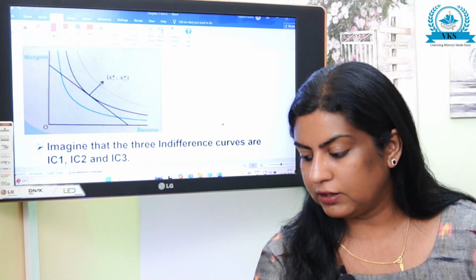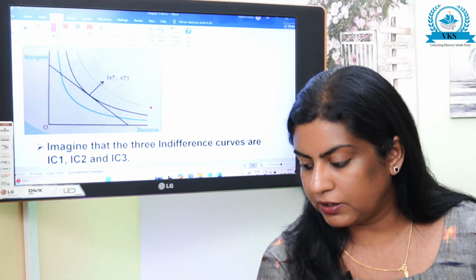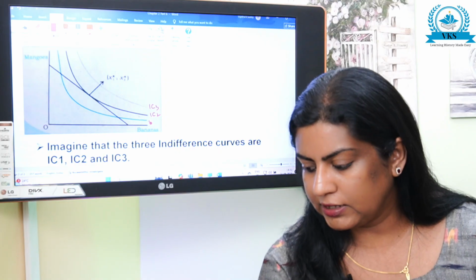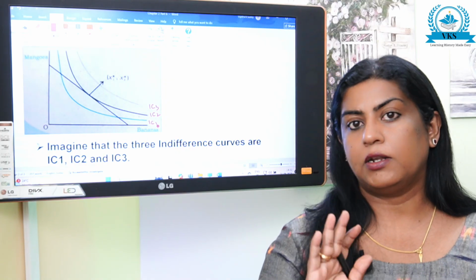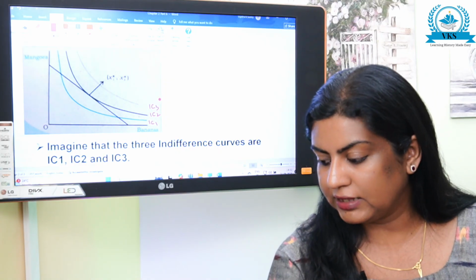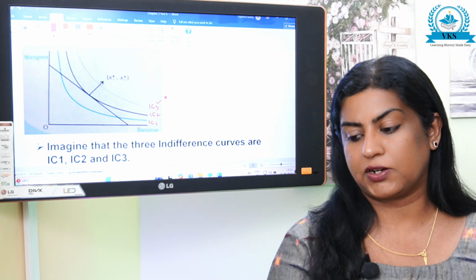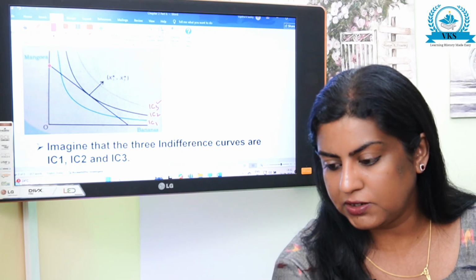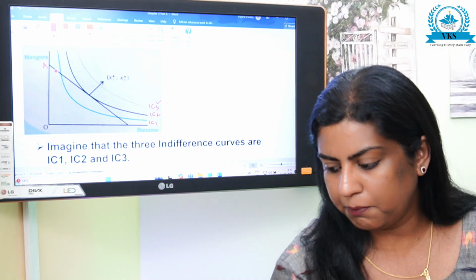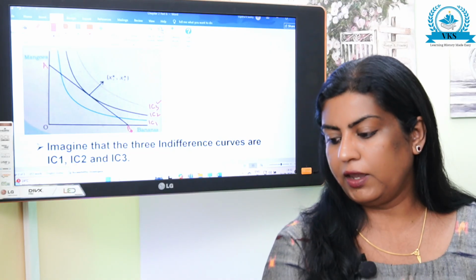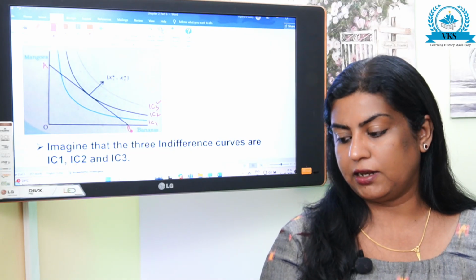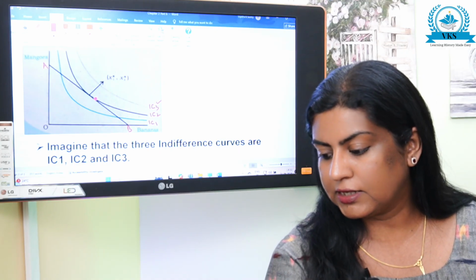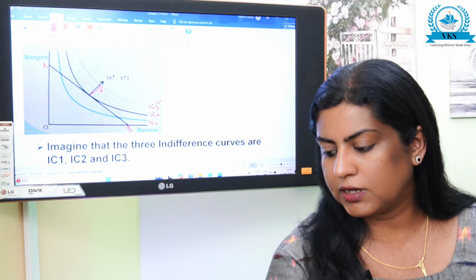Here we have the three indifference curves, IC3, IC2, IC1. According to the basic concept, IC3 gives the maximum satisfaction. But you see where the budget line is. See here, the budget line I will mark as AB. So AB is the budget line, and the indifference curve IC3 is above the budget line.